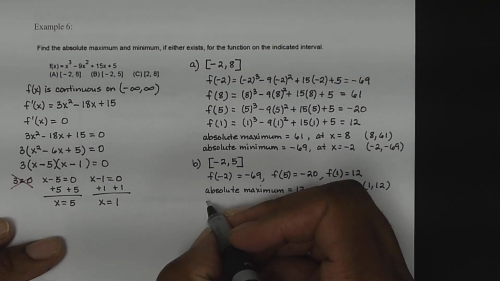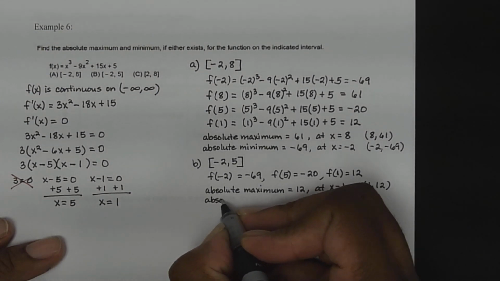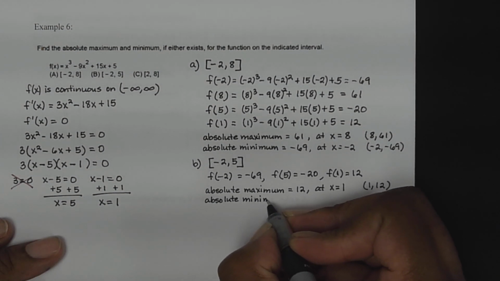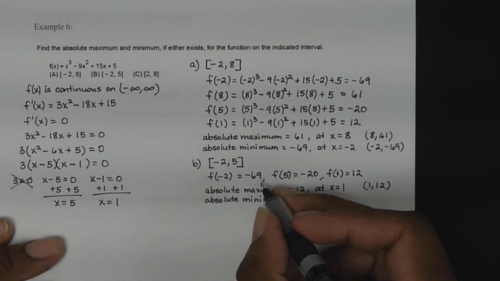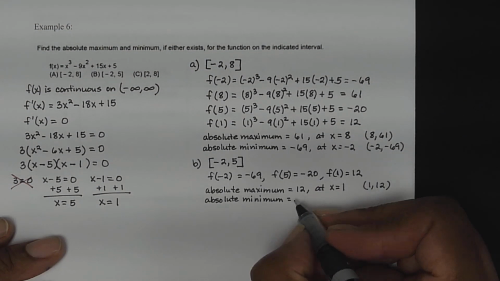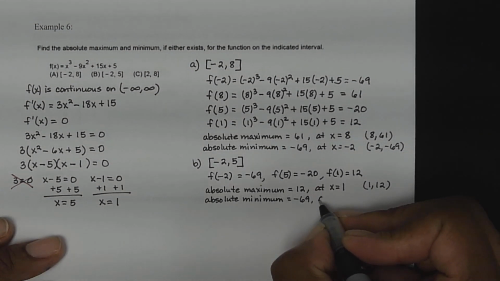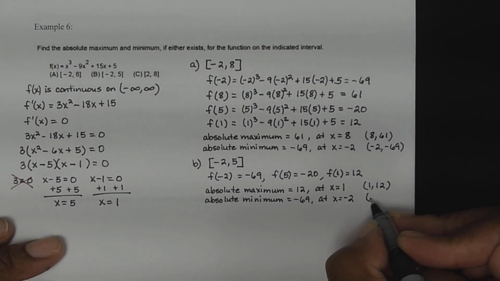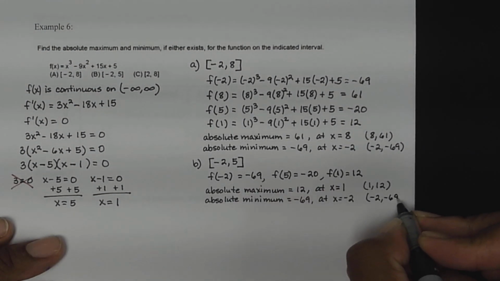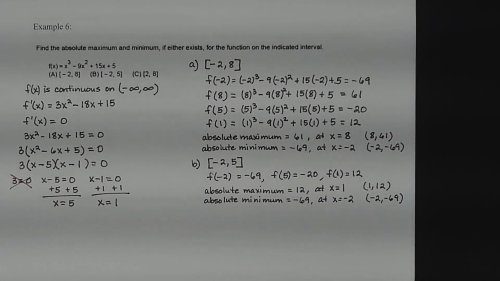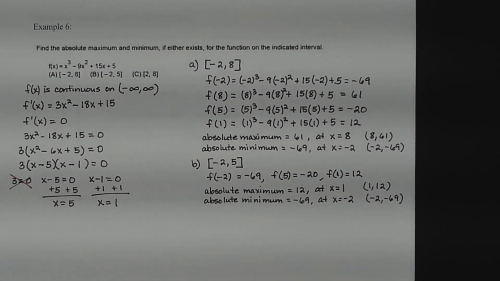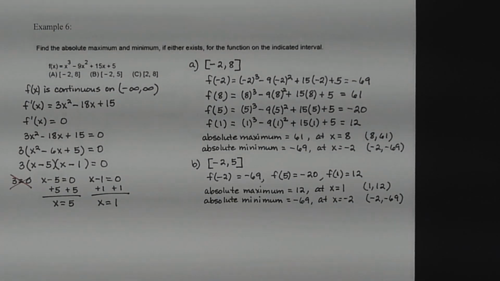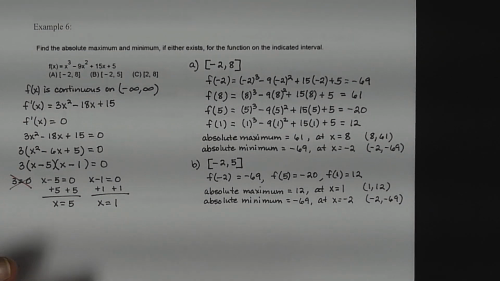And the absolute minimum, that's the smaller of these three values here. That's negative 69. It occurs at x equals negative 2. And sometimes they use the ordered pair to identify an absolute minimum as well. Okay, and it depends upon the homework. All right, so that's part B.